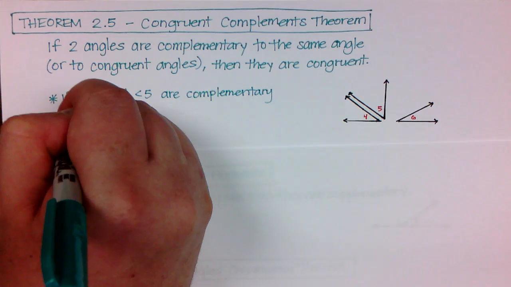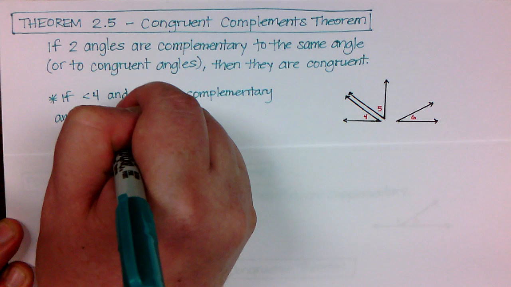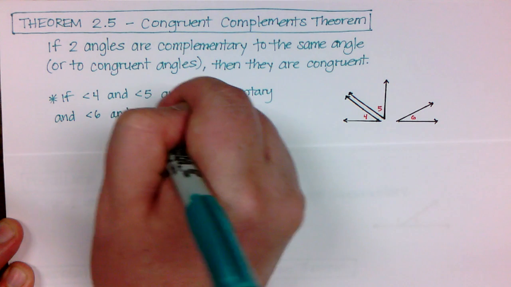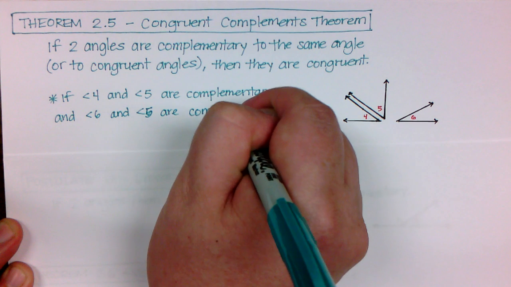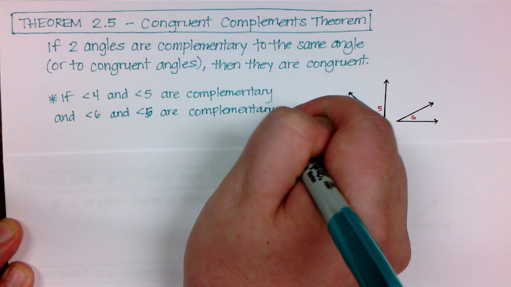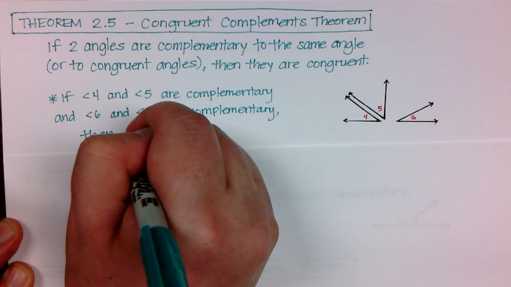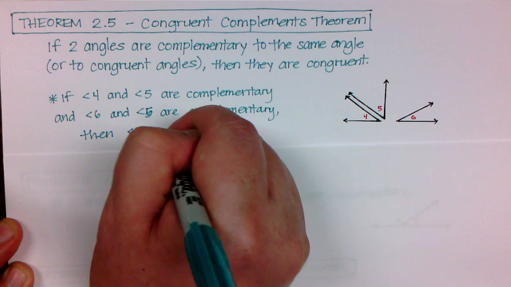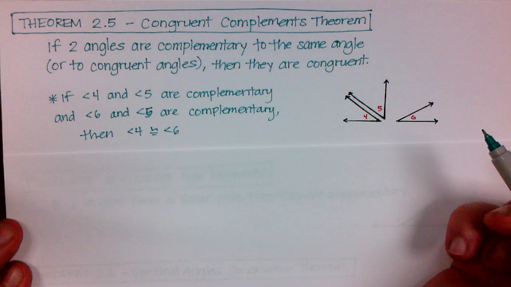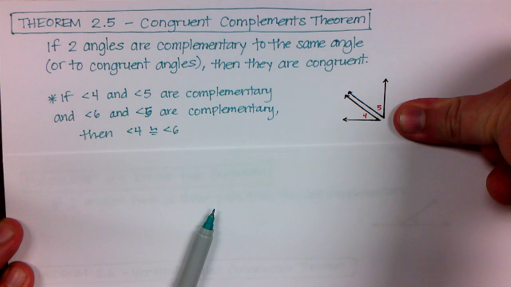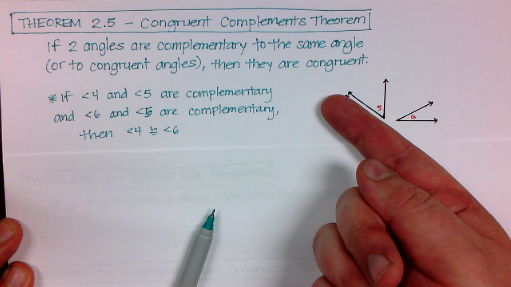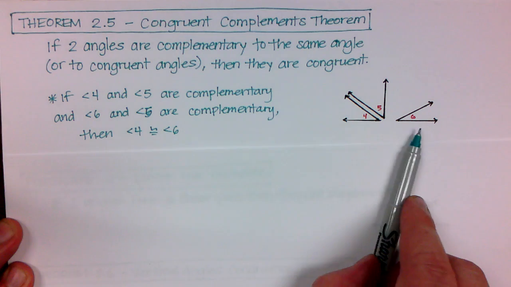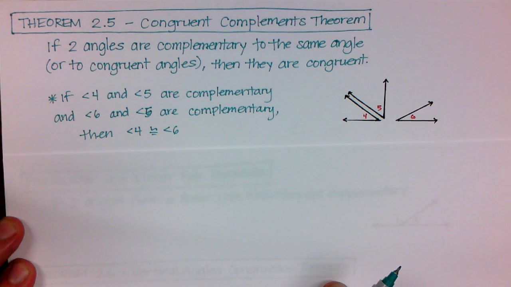And if angle 6 and angle 5 are complementary, then we can assume that angle 4 is congruent to angle 6. So 4 and 5 both add up to 90 degrees, but also if 5 and 6 add up to 90 degrees, then we can conclude that 4 and 6, those two angles, are congruent to one another.